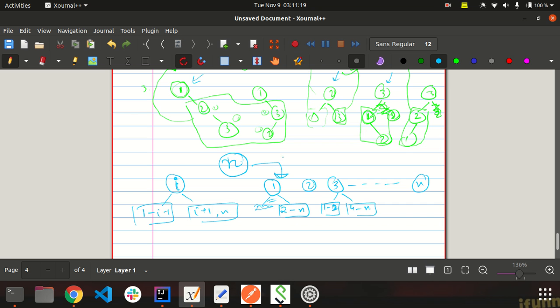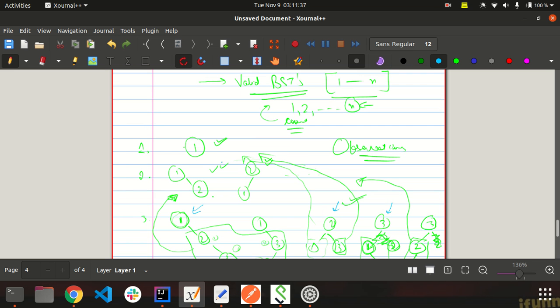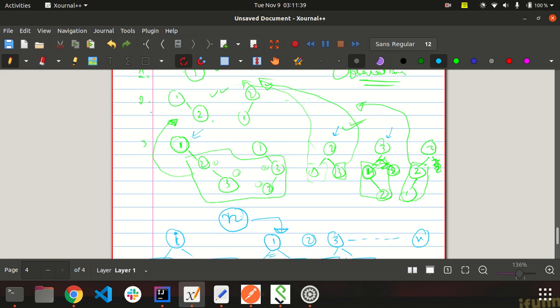So by looking at these observations, we can solve this using a dynamic programming approach, because we can see repeated subproblems. When we have solved it for 2, why are we again solving and finding for these subtrees and subproblems, correct?